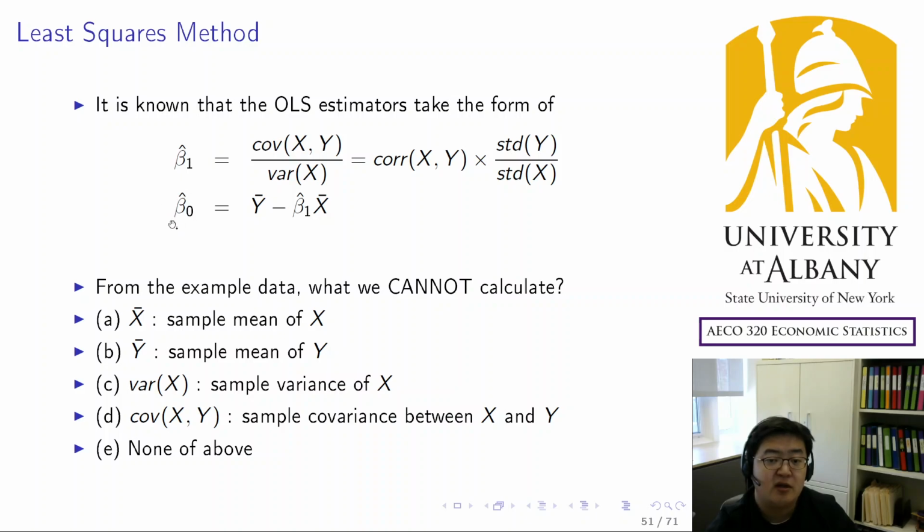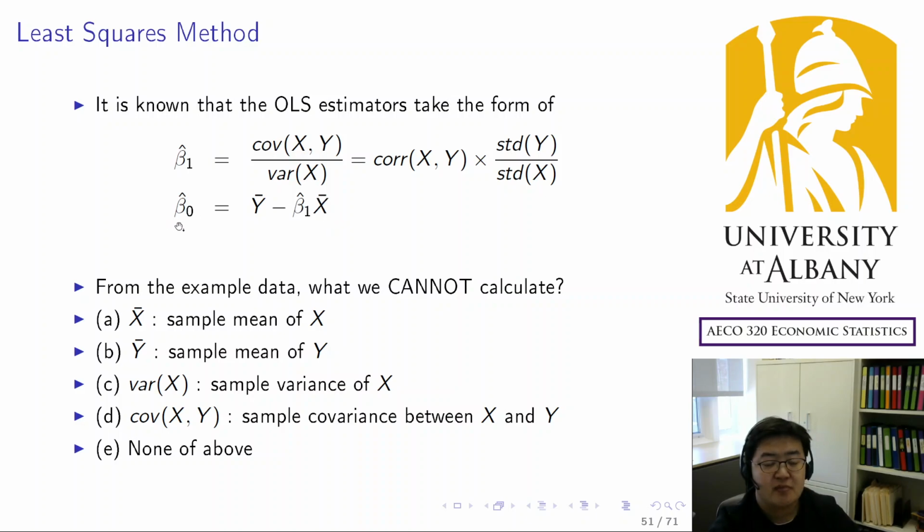And also, by the way, the intercept is a little bit different. Intercept is more about the parallel shift. So the slope is more like the relationship direction and the strength, but the intercept is like a parallel shift. It just adjusts for the mean averages: average of y minus slope times average of x.